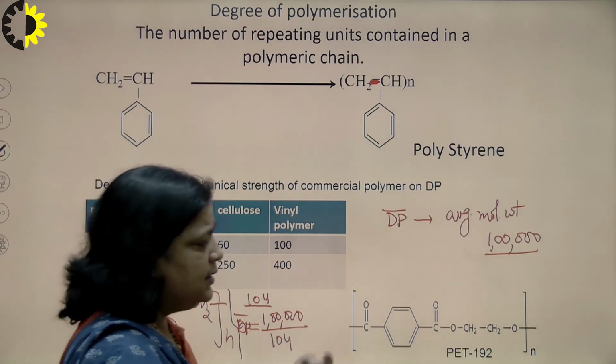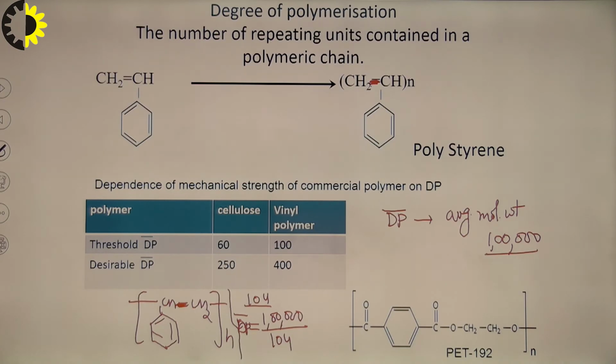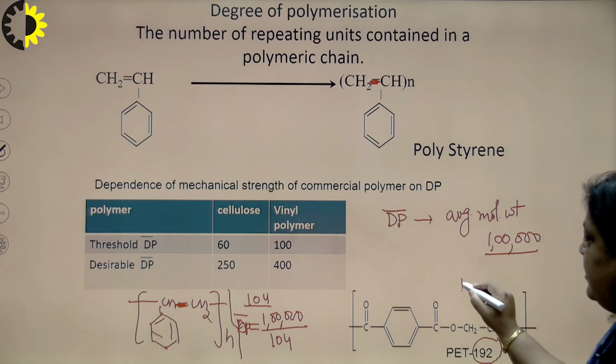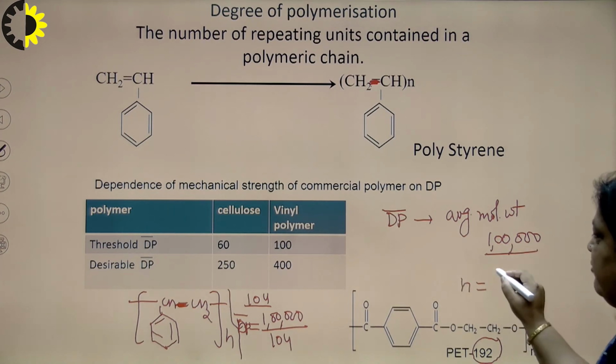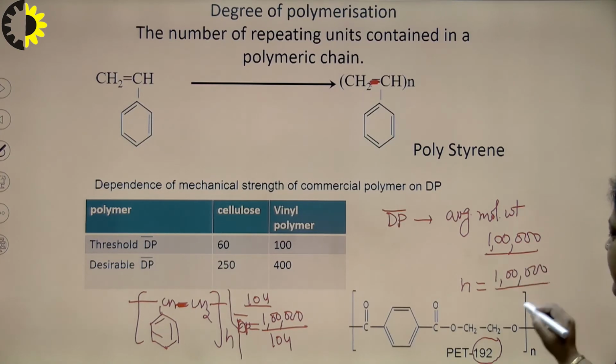But for this PET, it is a polyester, terylene or dacron. We will discuss its structure and properties in the next two lectures. In this case PET, the molecular weight is 192. So, if we find N, N will be the average molecular weight of the polymer, which is 1 lakh, divided by the molecular weight 192, but this is the structural unit.